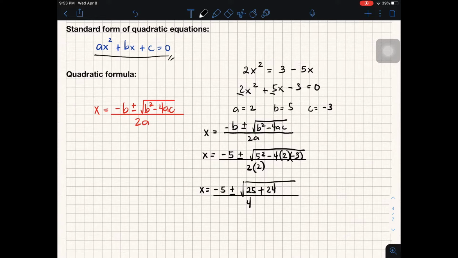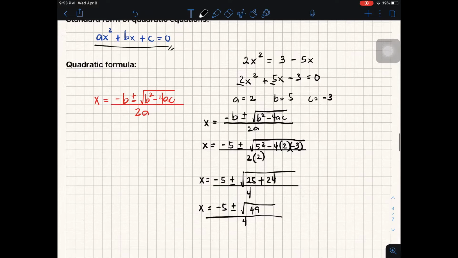And then, we're not yet done with the radical part. Magiging x is equal to negative 5, positive negative, square root of 49 over 4.